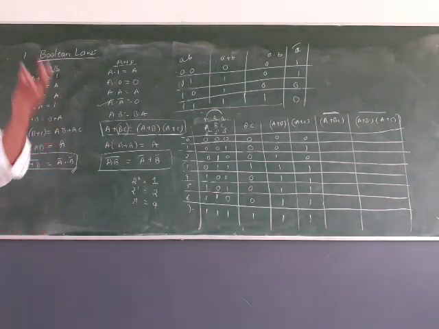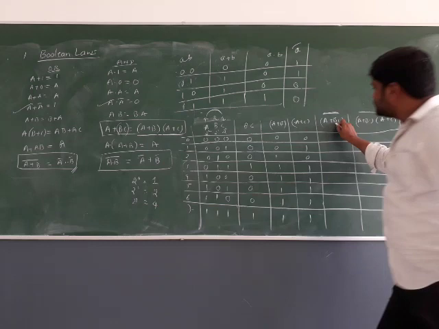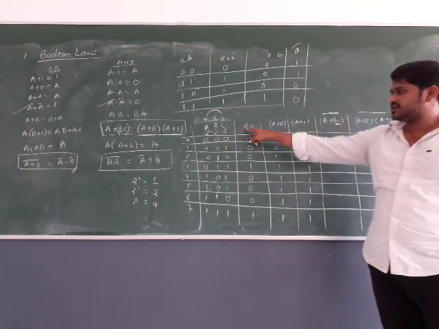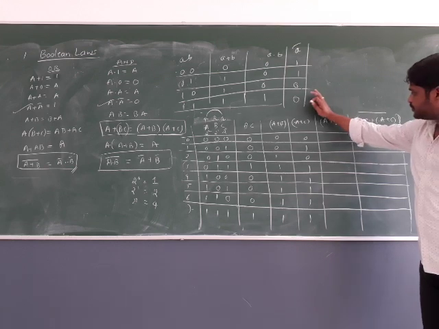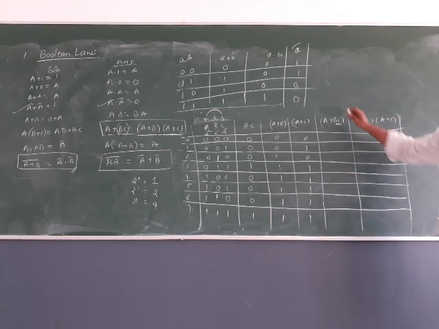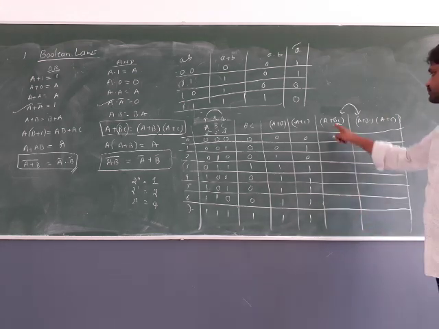Now what do we have to add? Please remember BC. Do we have this term? Yes. Don't consider this as a complement. These two should be equivalent. Like that we have to prove now.